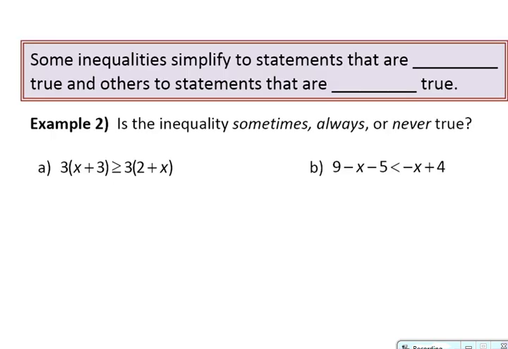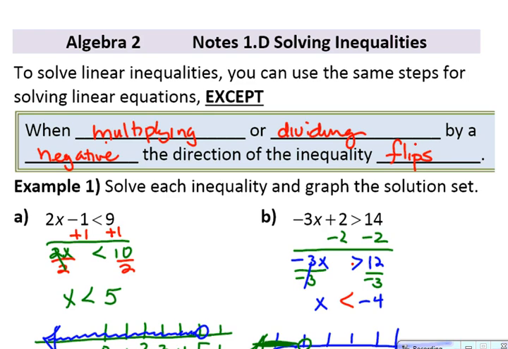Some inequalities simplify to statements that are always true, and others to statements that are never true. Example 2: is this inequality sometimes, always, or never true? Now, it's sometimes true in all of those first examples that we did.